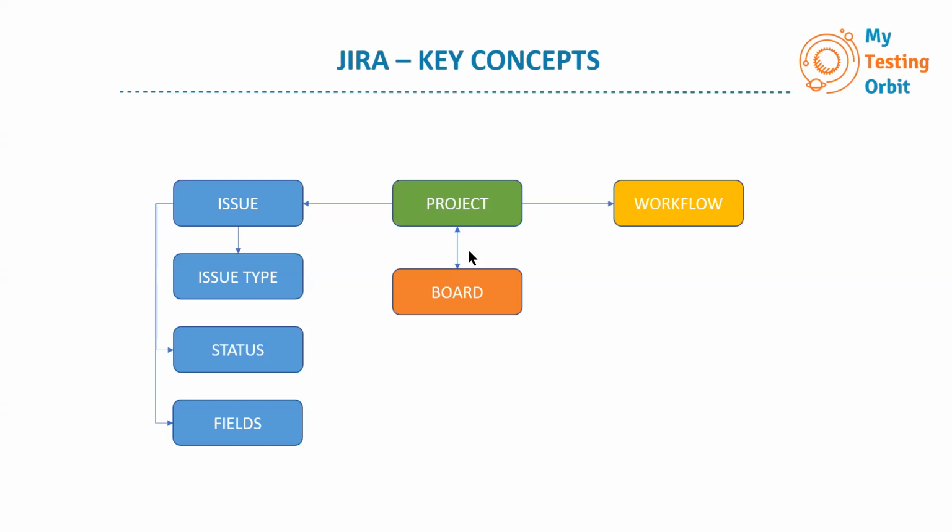So acceptance criteria can help us in writing valuable test cases, but test cases and acceptance criteria are totally different activities. I hope that this answers your question. Is there anything else, or should we just move on to our Jira tour?